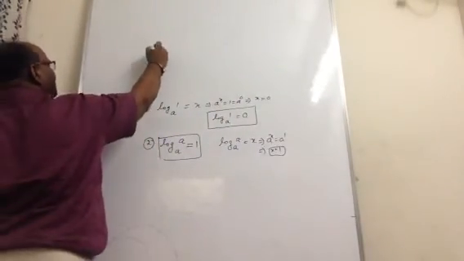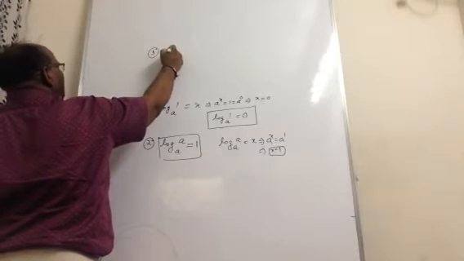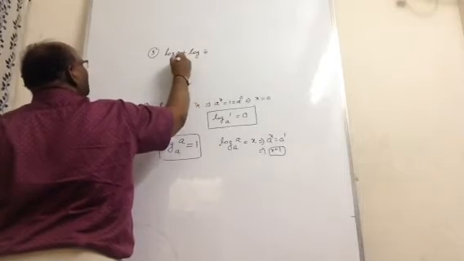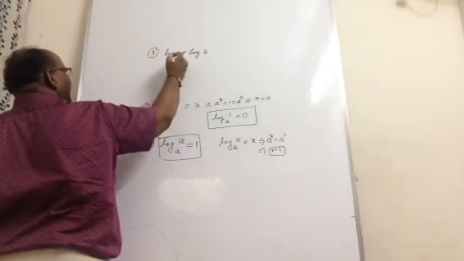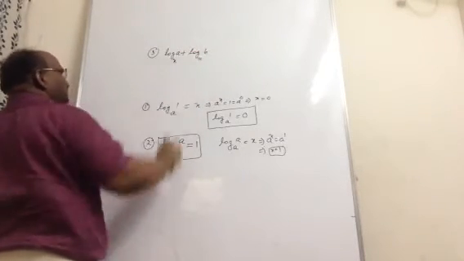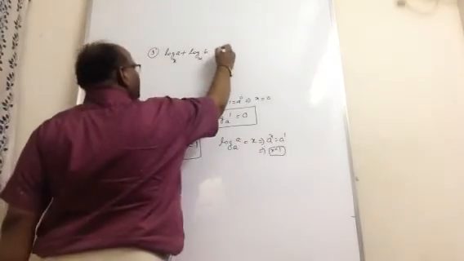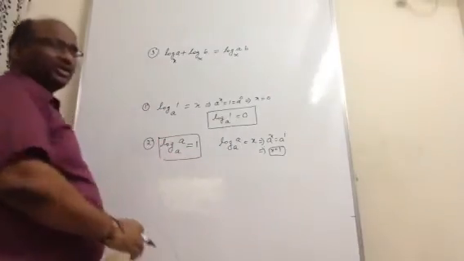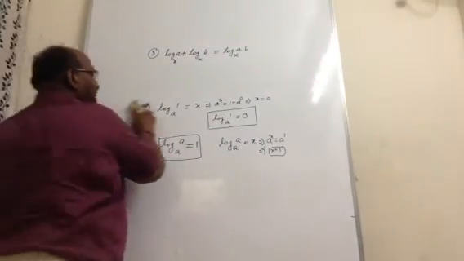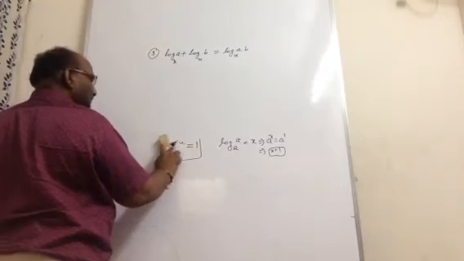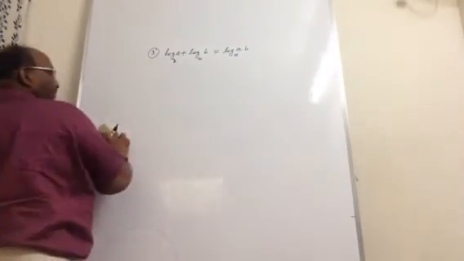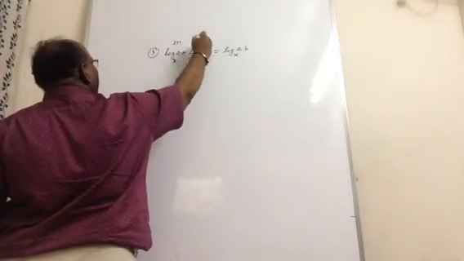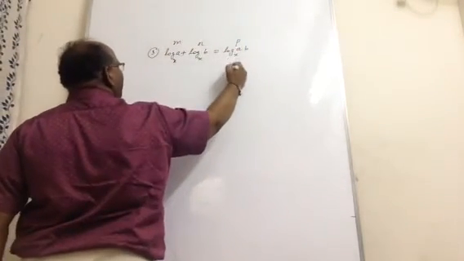Third result: log a plus log b, to some base, any base, it need not be 10, say x, any base, doesn't matter, is log ab to the base x. This is one of the standard results. Let us assume log a to the base x as m, log b to the base x as n, and log ab to the base x as p.